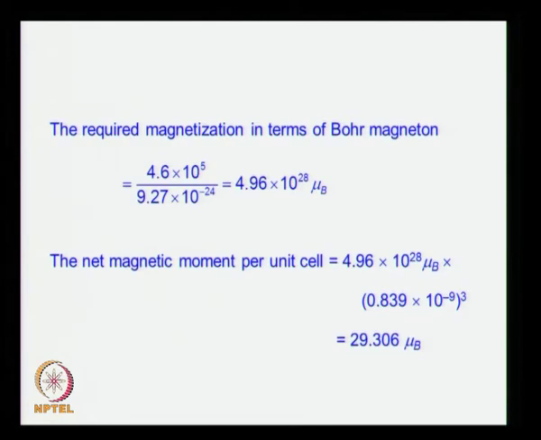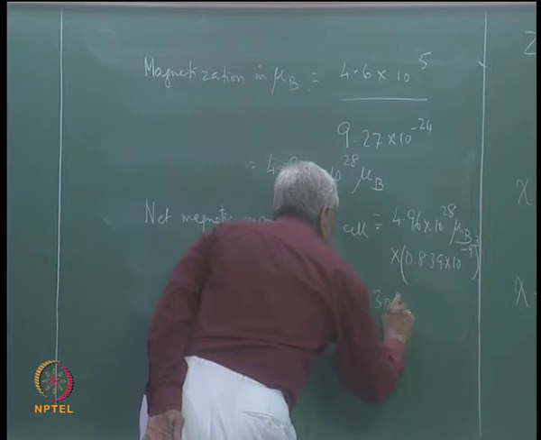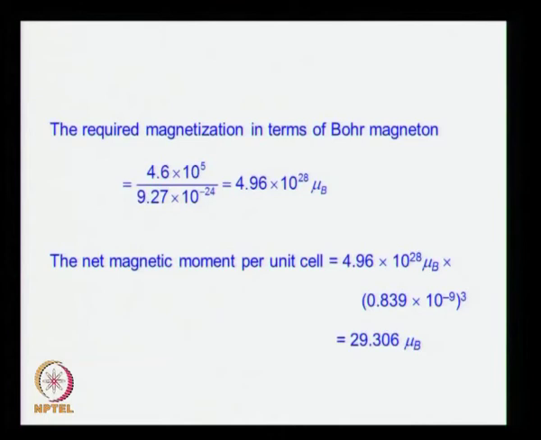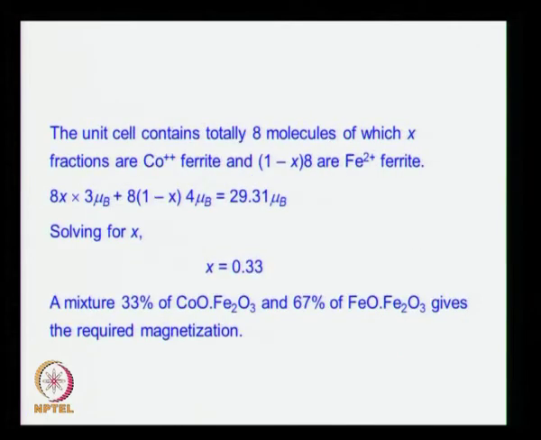So, this turns out to be, so we have to make a material which has a magnetic moment of 29.306 Bohr magnetons, and the unit cell of the ferrite has 8 molecules.